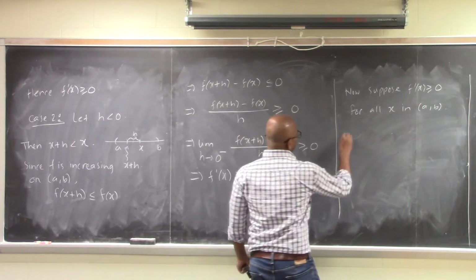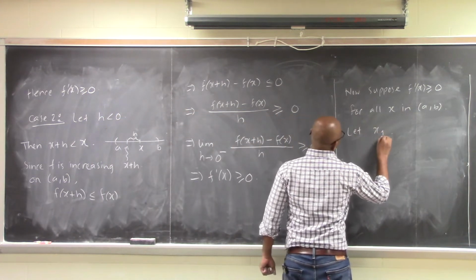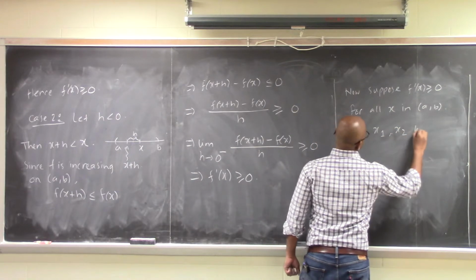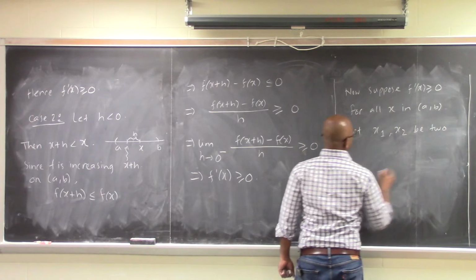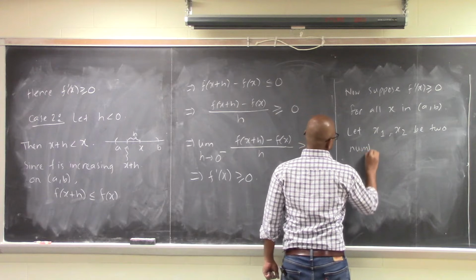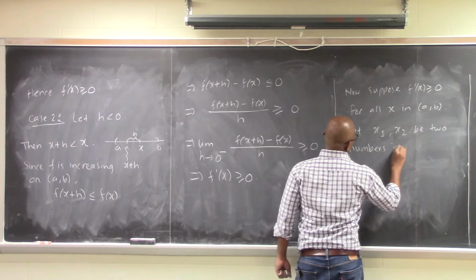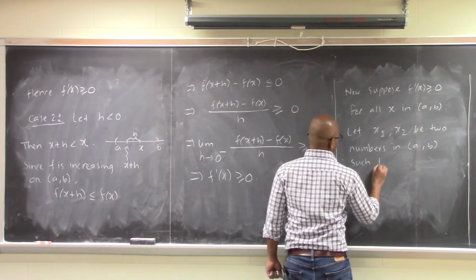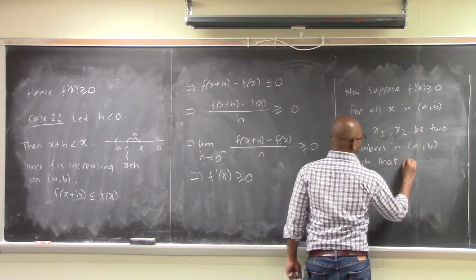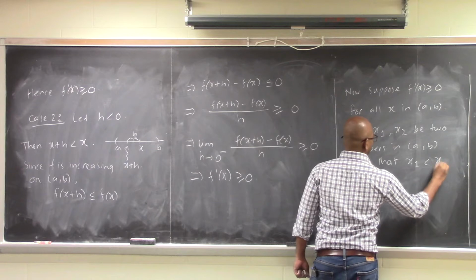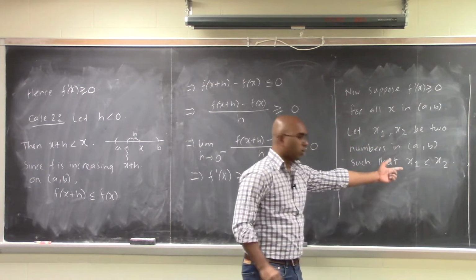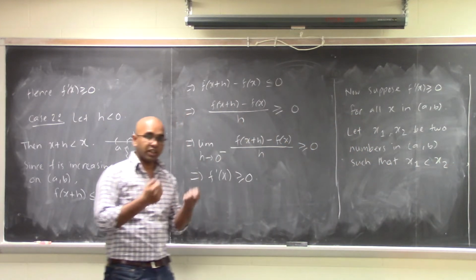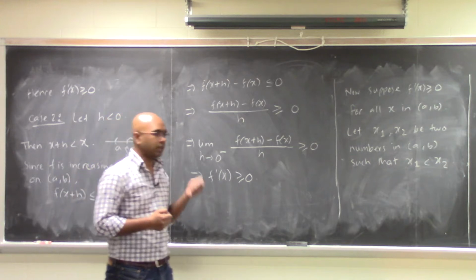Okay, so let x1 and x2 be two numbers in (a, b) such that x1 is less than x2. Now the inequality in the input is strict always.